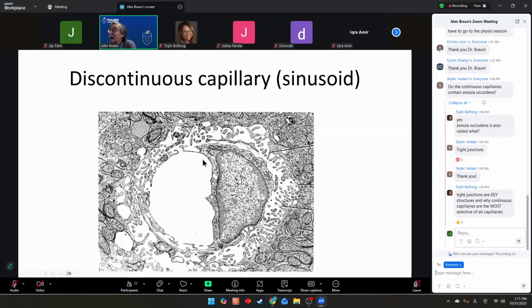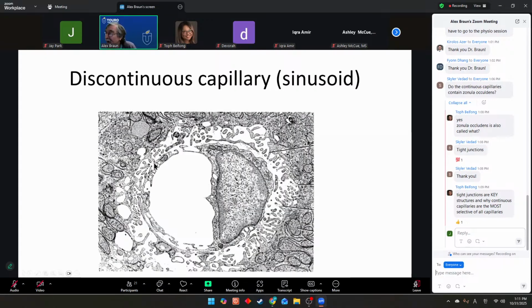Well, these sinusoidal capillaries are very porous looking. Number one, there are huge fenestrations within the cytoplasm of these capillaries. Number two, there are large gaps between endothelial cell processes, right? Large spaces between one endothelial process and the next, large gaps between endothelial cells. And number three, there are large discontinuities in the basal lamina of these endothelial cells.